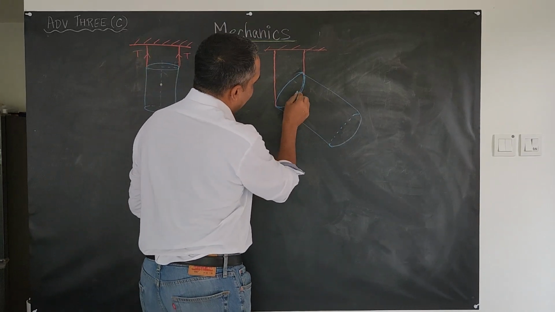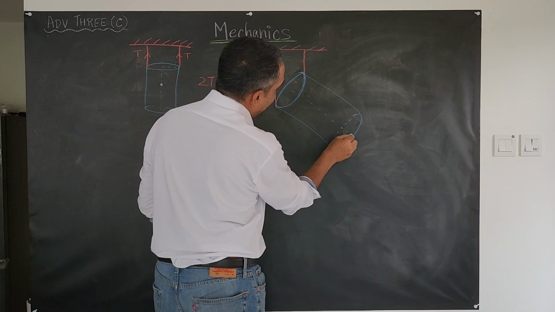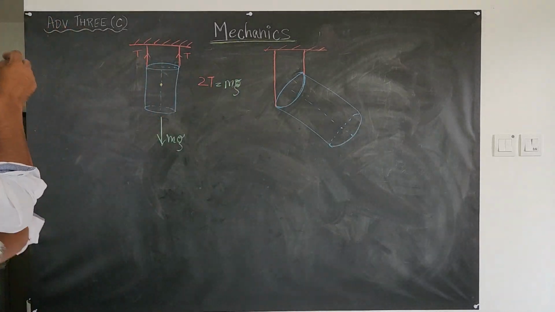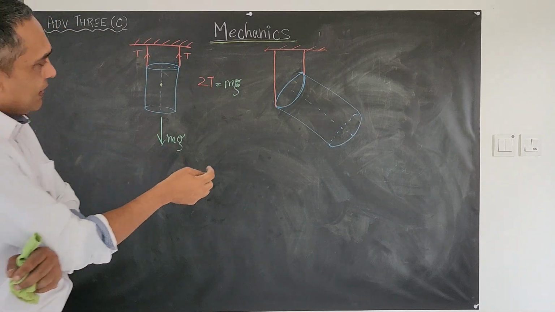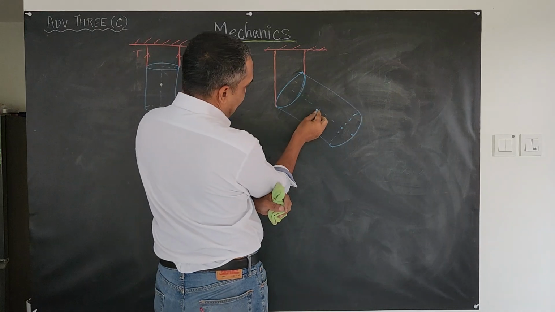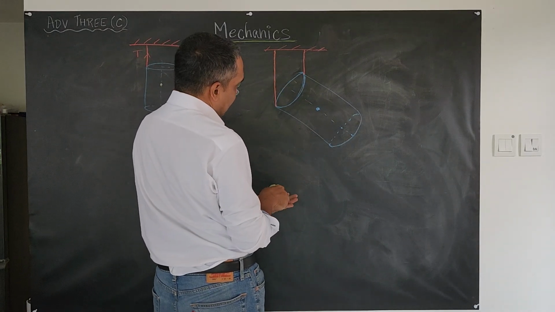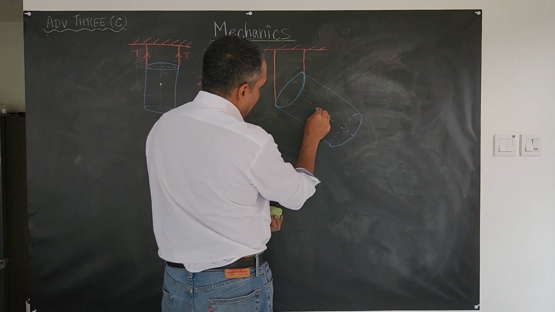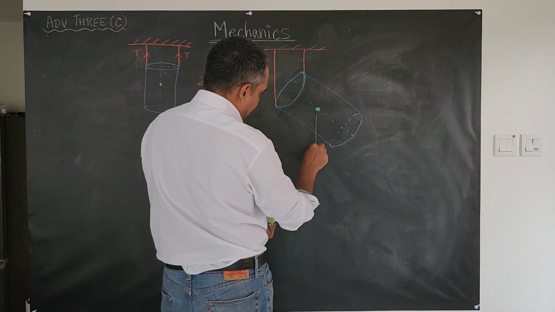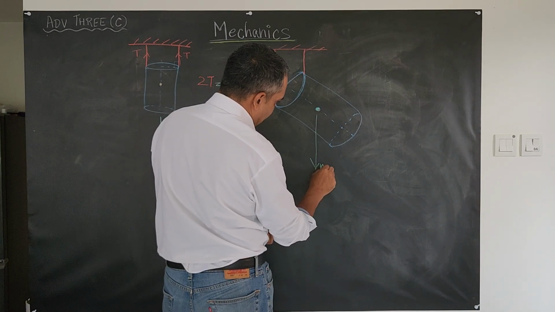What do you think would have happened to this setup? And if I tell you it's in equilibrium, then we have a really interesting problem, because we know that if it's uniform, it's somewhere in the center here. I have my little center of mass here, which means my mg is acting here.